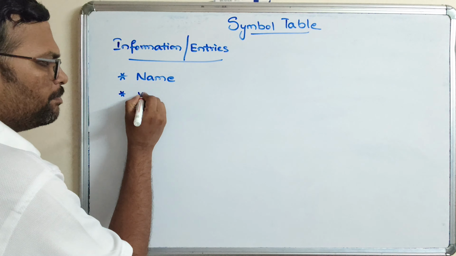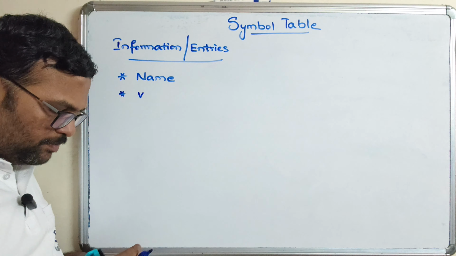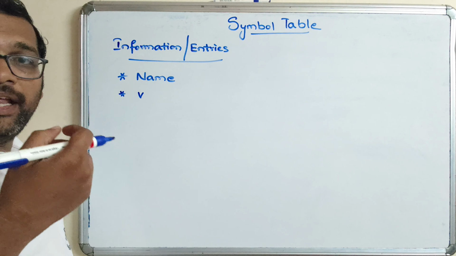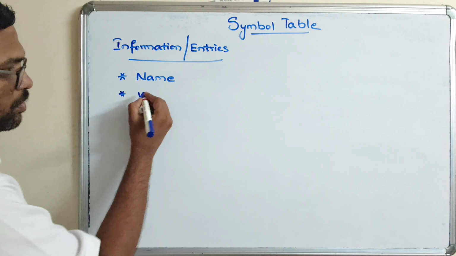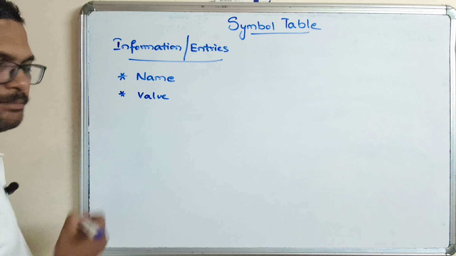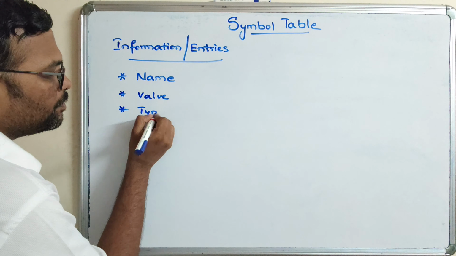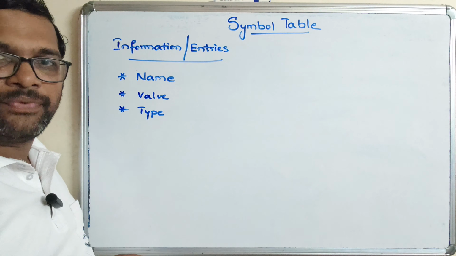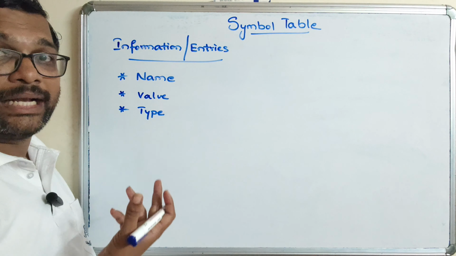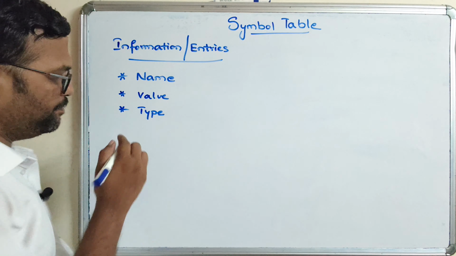And also some identifiers will have values. If you consider any variables or constants, definitely they will have values. So the next entry is value. Next, type. The data type. If it comes with functions, the return types. If it comes with variables and constants, the data type.